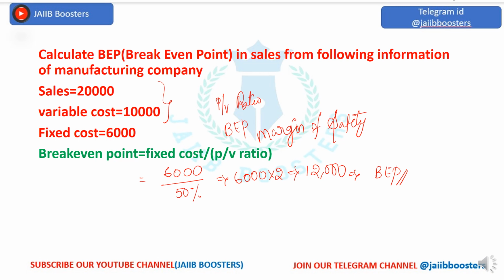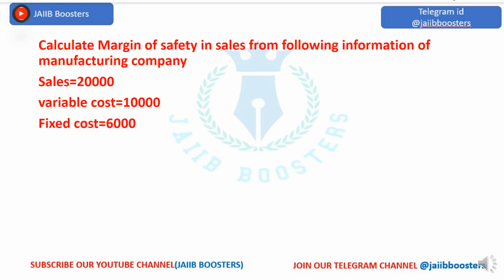Okay, next. What is the next question? Calculate margin of safety in sales from the following information of a manufacturing company. We have already calculated the PV ratio, that is 50%. Wait, I will write here. Do not get confused.